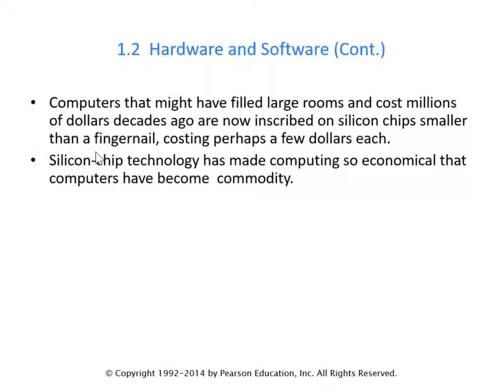The Raspberry Pi comes with 1 gig. Most of your phones have got 1 gig to 3 gigs on them, depending on which model phone you've got. So memory has gotten much, much cheaper. Processors have gotten much, much faster. My old IBM PC ran at 4.77 megahertz.